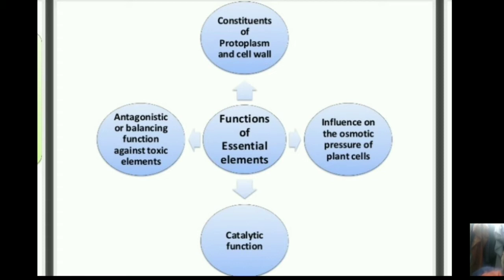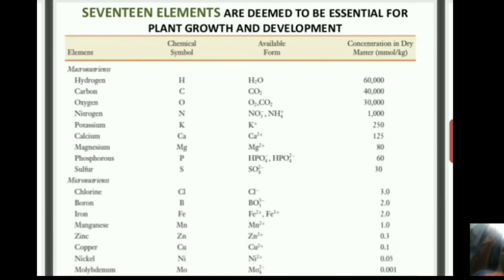So this is the response of the plants towards the external environment. And one of the functions is a catalytic function: the metabolic activities or reactions taking place inside the plants are determined by these particular elements.